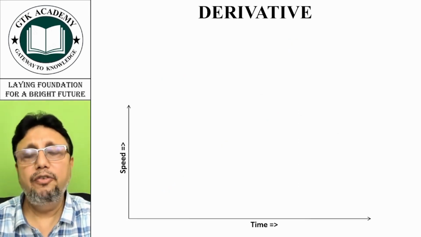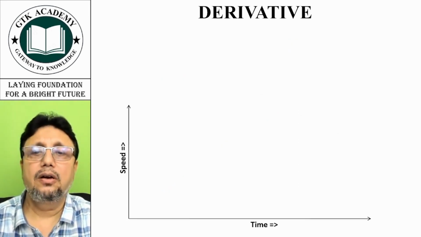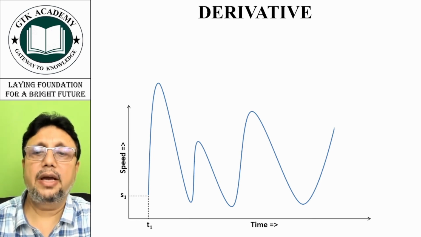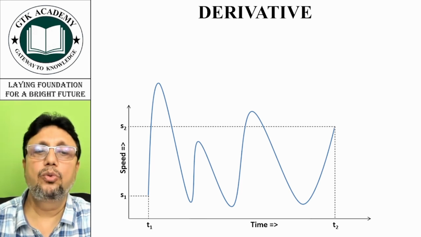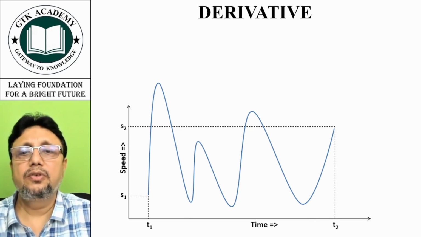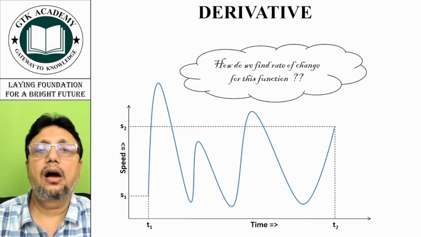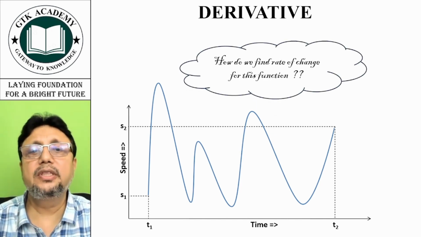Now, but if you have a graph like this, here also the speed from s1 becomes s2 in time t2 minus t1, but variation is totally different, which is represented by this zigzag curve. Now, how do we find rate of change for this function?